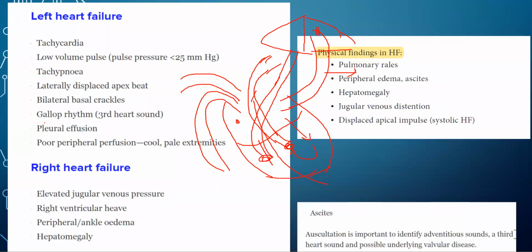When you do physical examination, most of the time you will get patient with pulmonary edema will get bilateral basal crepitation. You can get some abnormal heart sound like third heart sound, which we also call gallop rhythm. And sometimes the patient can get tachycardia, tachypnea as well, but not very important to understand.